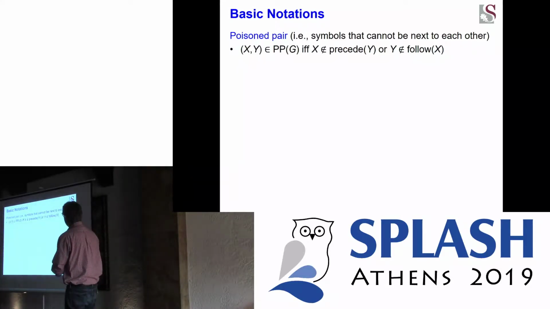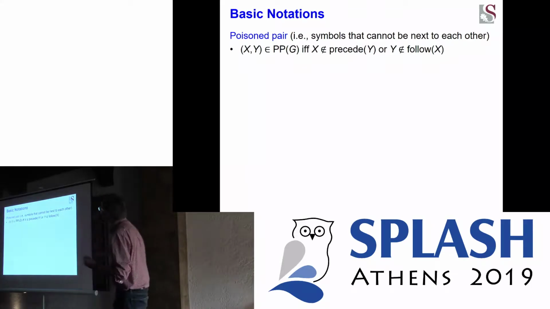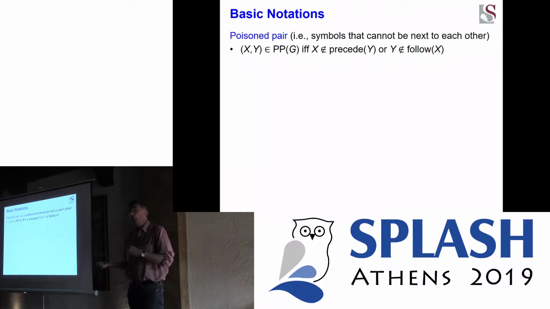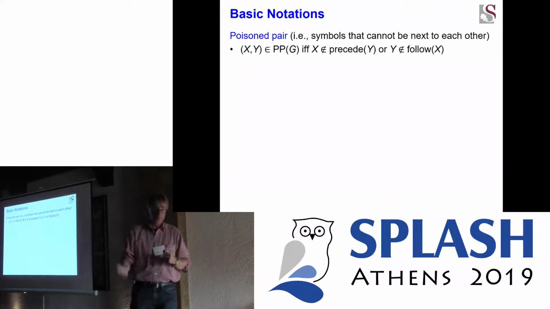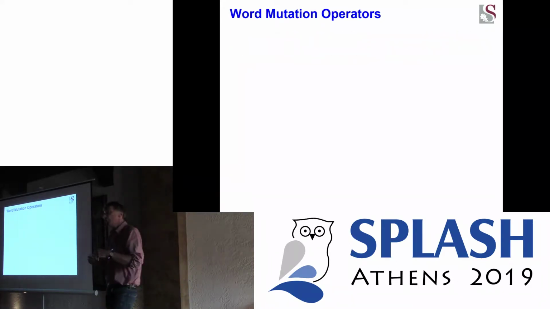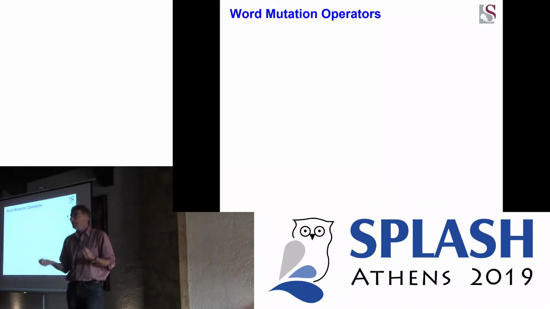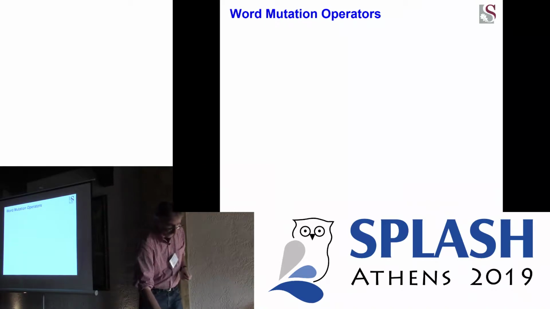Just to make it shorter, I call xy a poison pair or a poison pill if y cannot follow x, or alternatively, x cannot precede y. So that's the idea that two tokens cannot be next to each other. And that's the core technical idea here, right? We use that now to define word mutation operators. And these are the standard string edit distance operators with preconditions, right?